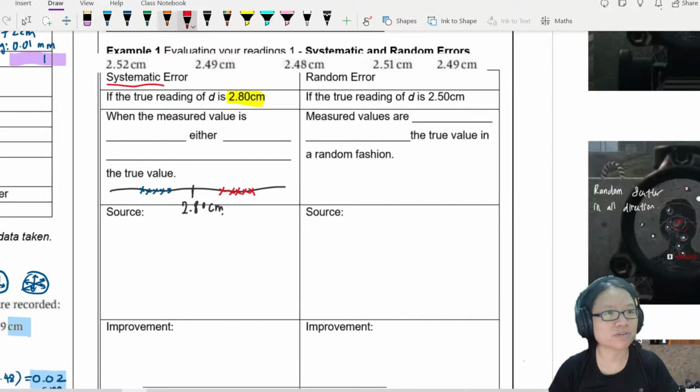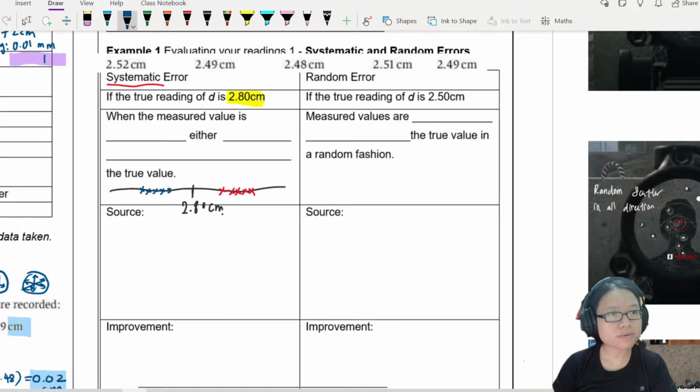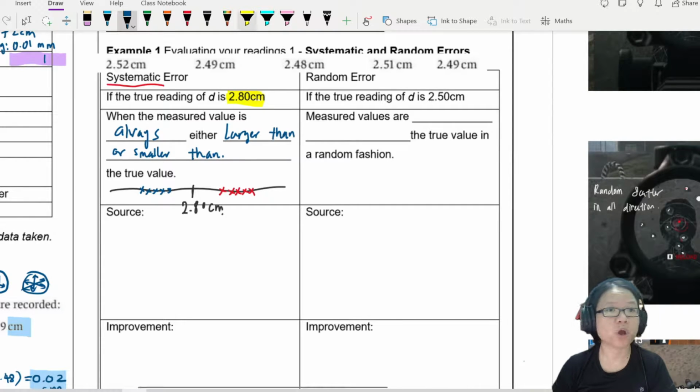So the measured value is always either larger than or smaller than the true value.